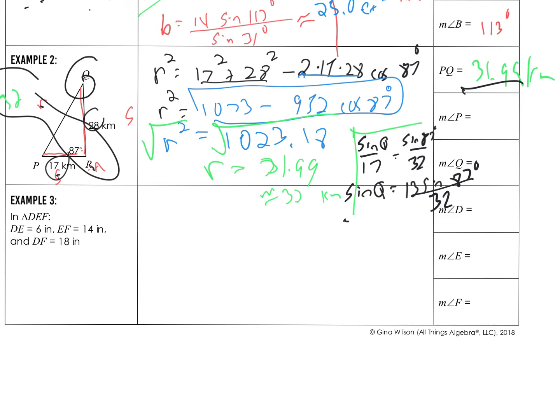That gives me a decimal. Sine of theta is something. But how can I get the theta, or, it's Q, I'm sorry. How do I get Q out of sine of Q? Inverse sine. So I would do the inverse sine of this answer, and we get Q to be what angle?